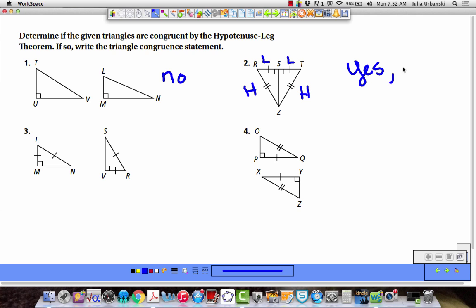Yes, by HL. So then it says write the congruence for the triangle. So let's start with the left one. I'm going to say RSZ. If I say RSZ, then what are you going to say for the right one? RSC. DSZ. Good.